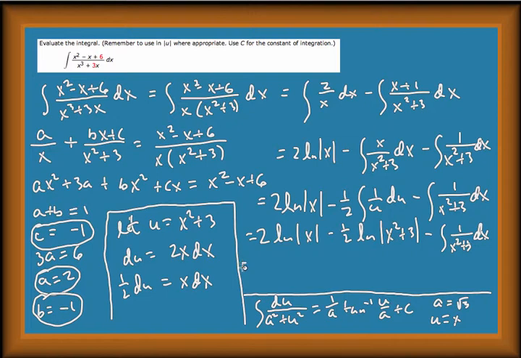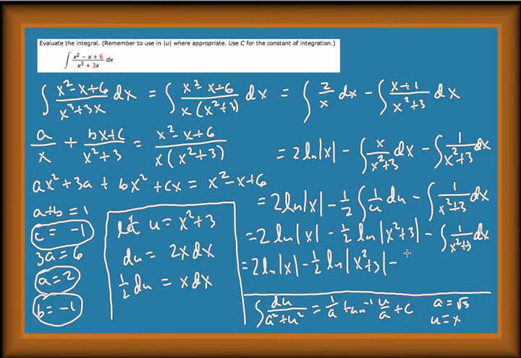So what do we got here? We got 2 natural log absolute value of x minus 1/2 natural log absolute value of x squared plus 3 minus. Okay, now we're going to do these substitutions here into this formula.